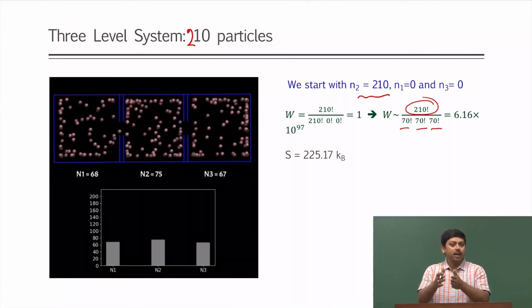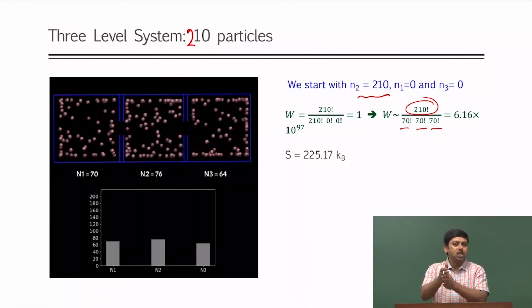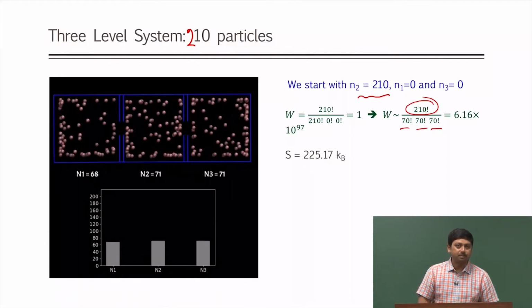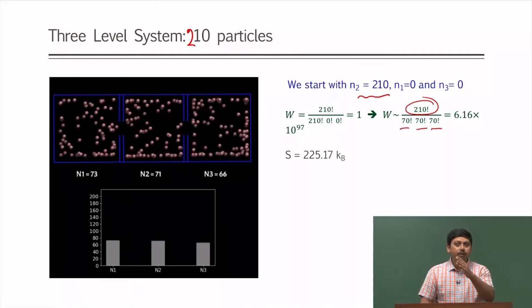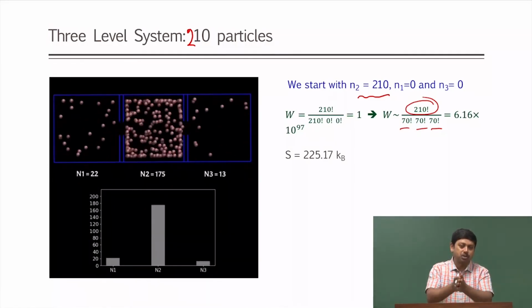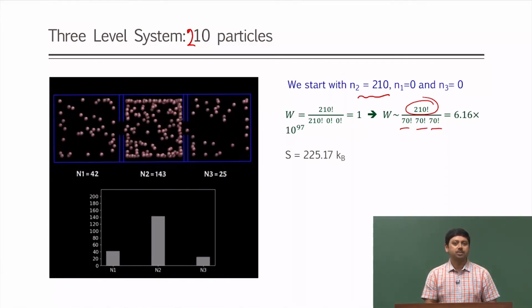But even if you take 1000 of them around it, it is not going to change the value of S significantly, because again of the ln function. Even if you have 10 to the power 3 distributions around your most probable distribution, it is just going to add ln 10 to the power 3, ln 1000, which is not much.